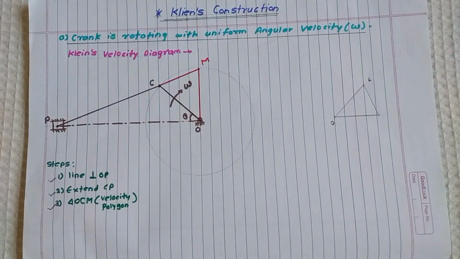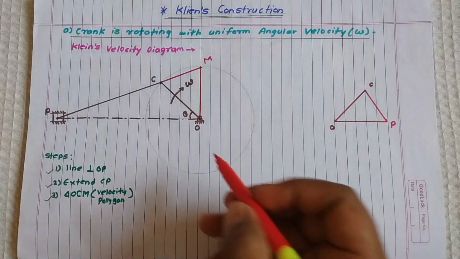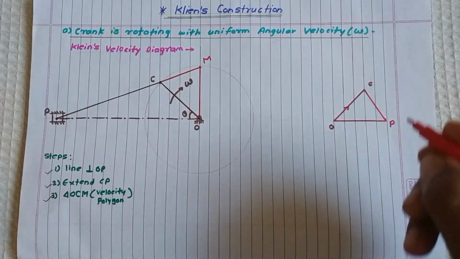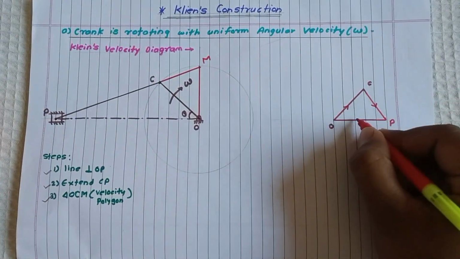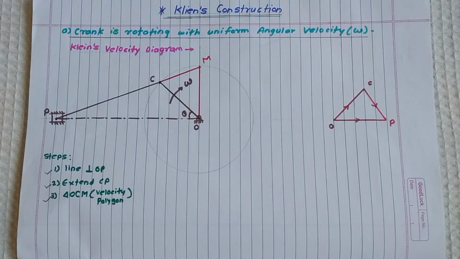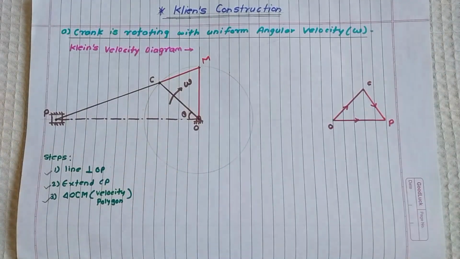We also know the directions. First crank velocity O to C, then C to P and O to P. So this is the velocity diagram according to the relative velocity method. What we have to do is rotate this diagram in the anti-clockwise direction by 90 degrees.